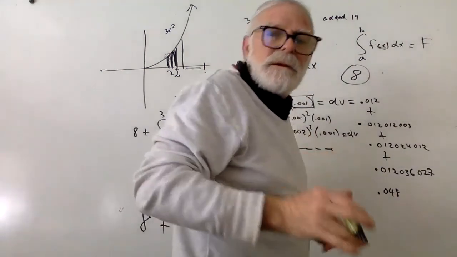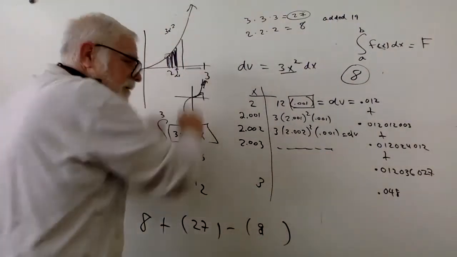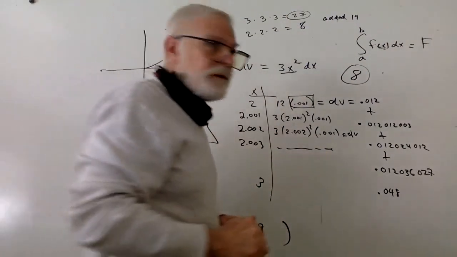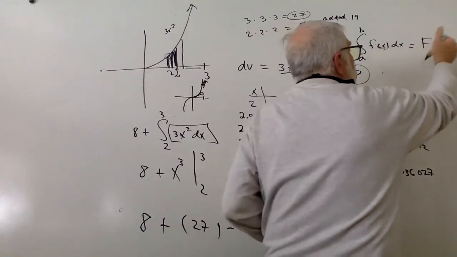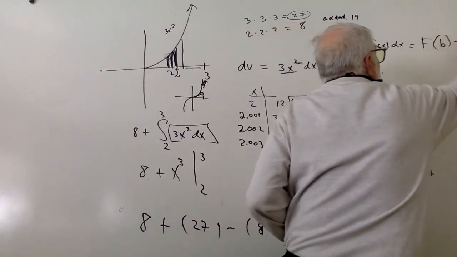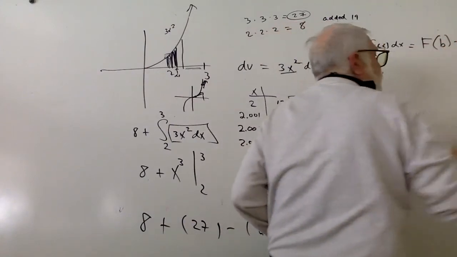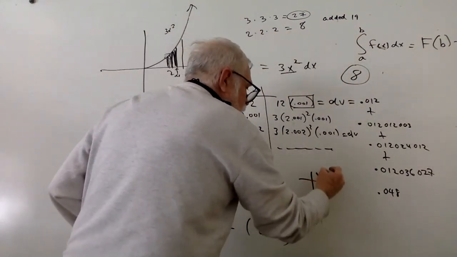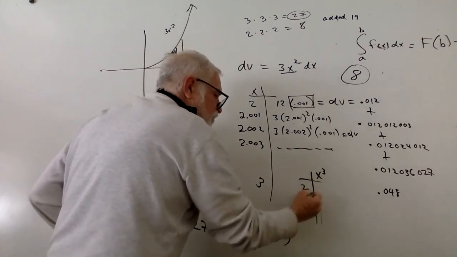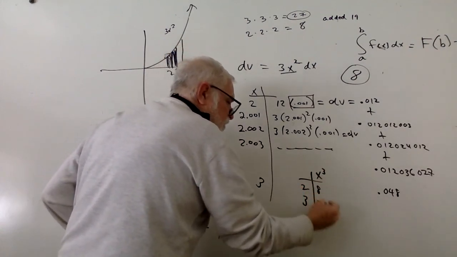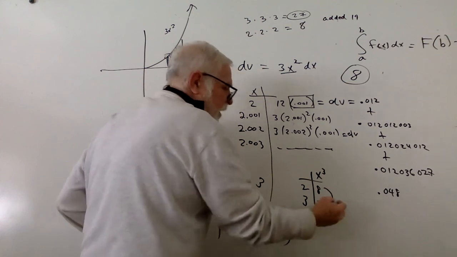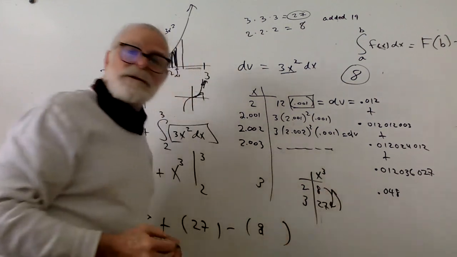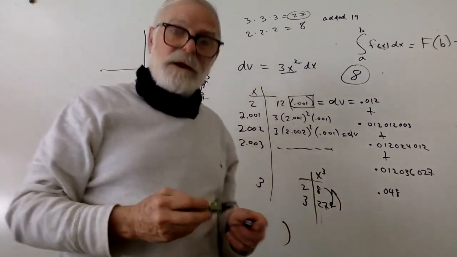It can be anything, because this is simply a layering process that we're capturing graphically. The integral of f(x) dx is f(b) minus f(a), that is called net change. So what's the net change in the cubic? The net change in the cubic from 2 to 3, 8 to 27, a net change of 19 cubic units. And there you have it.